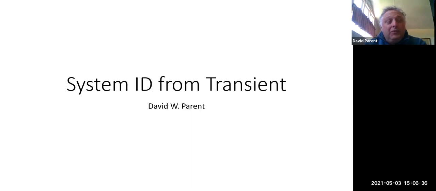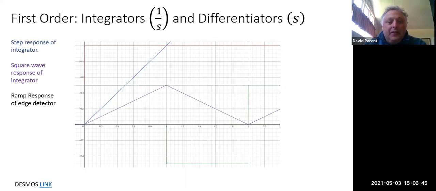All right. So we'll go through some simple things, then we'll get to second order, and then I'll show you a case study where it turned out that this was really important. All right.